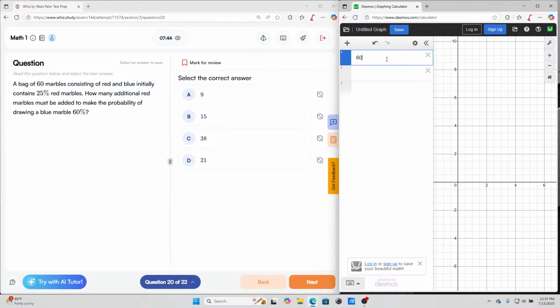60 times 0.25, 15. So we need to make it so that in the bag we need 30% red marbles.